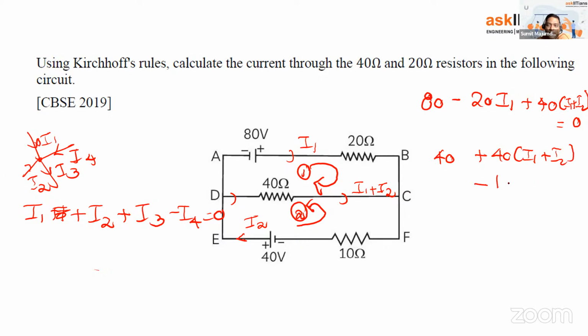Minus 10 I2, that will be equal to 0. Now using these two, we have to figure out the values. There are two sets of equations. You have to write them in terms of I1 and I2. Because there are only two variables, you can simplify and figure out the value of I1 and the value of I2.